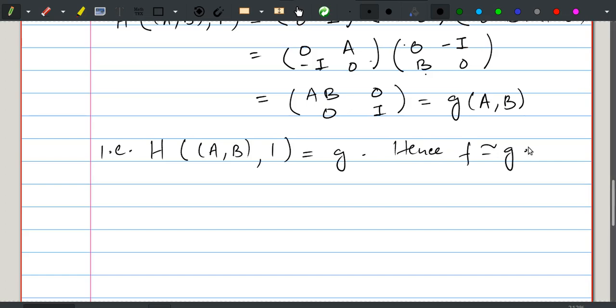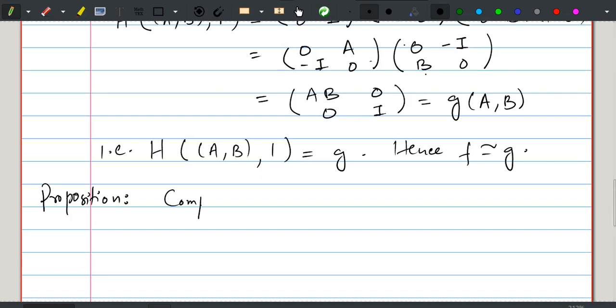Now next we will prove a proposition which states that composition of homotopic maps are homotopic.